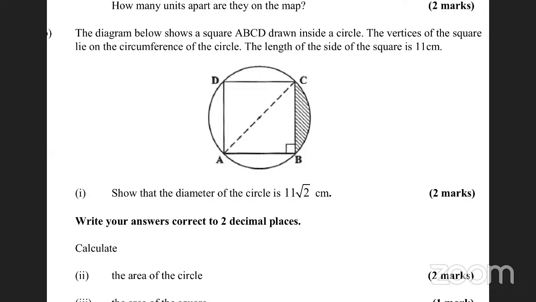Do you think the diameter is straight? Think about it. Whenever you draw a diagram, put in the information, right? So they said here is 11. Let's see how we're going to get the diameter. I'm looking for some ideas.